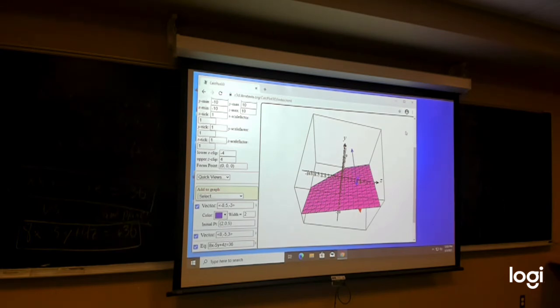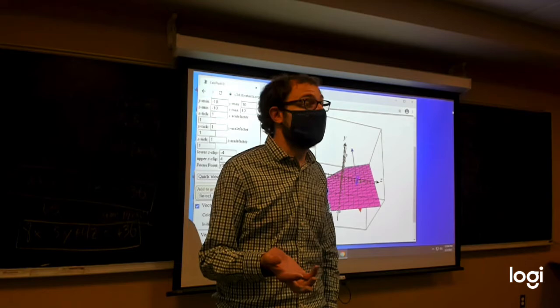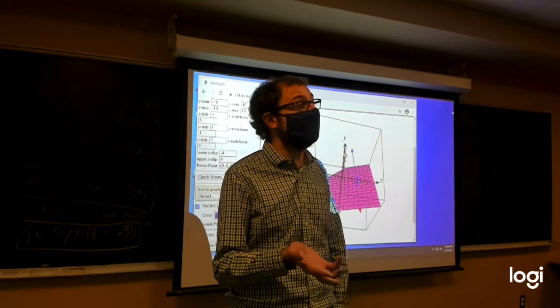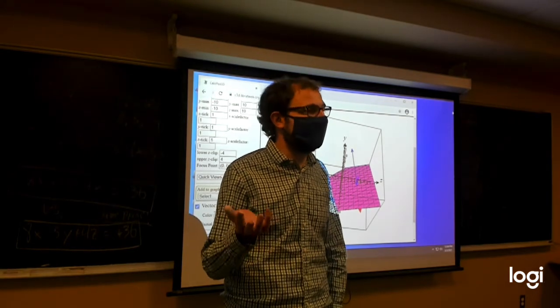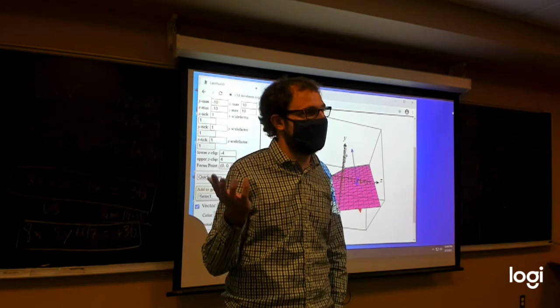Negative 8, 5, negative 4 versus 8, negative 5, positive 4. It comes out to the same thing, and so whether you do V cross W or W cross V, in the end, it might give you a different looking answer, but mathematically, it's the exact same set of points in the exact same way.